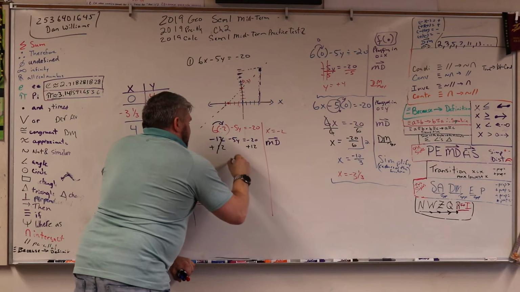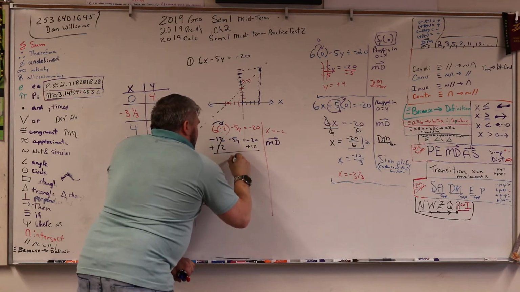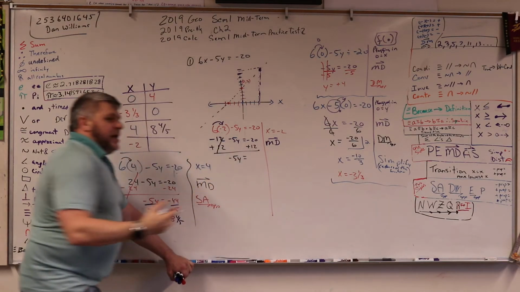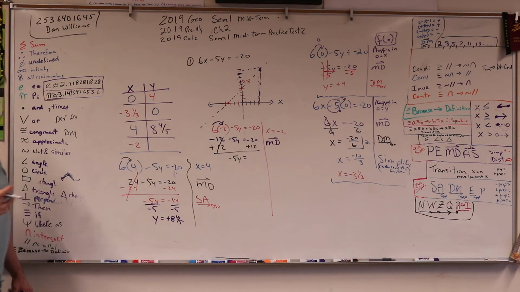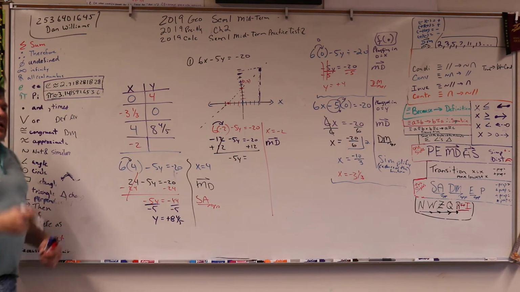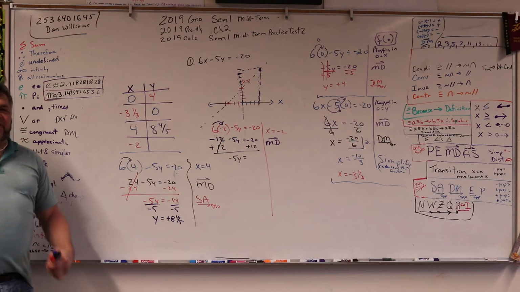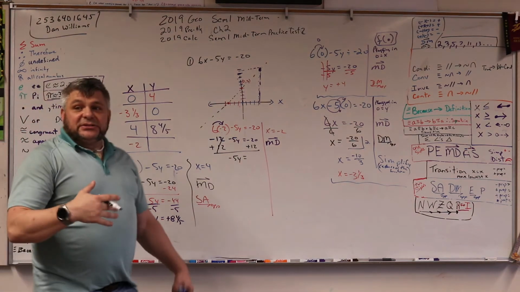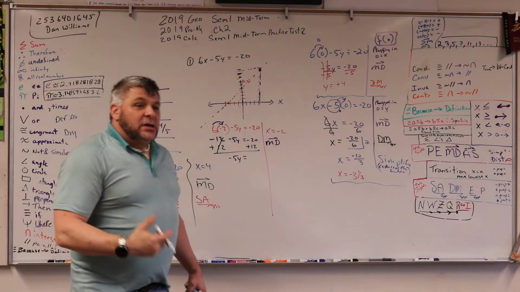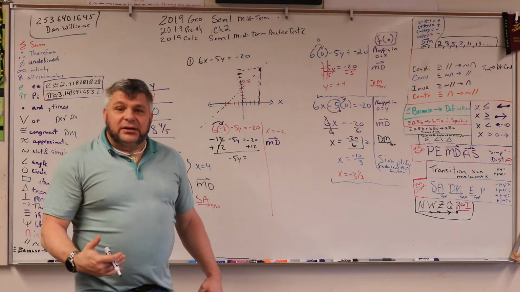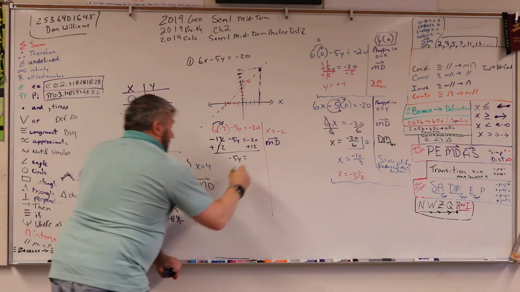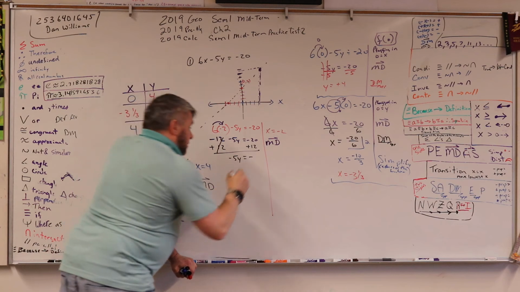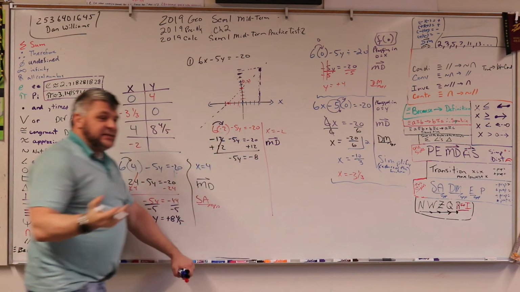Okay, so these cancel. I get -5y is equal to what? What's -20? I need $20. I have 12. So I got $12 to go to the store, but I need 20. I need 8, right? I'm still -8. Does that make sense?